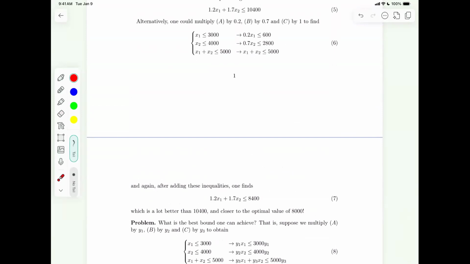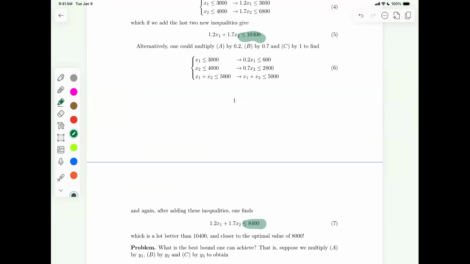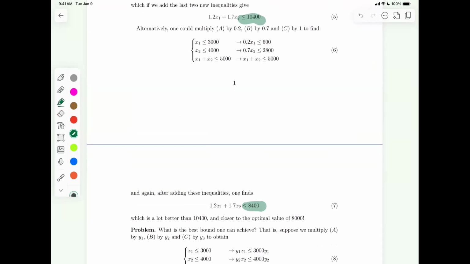The point is, again, maybe I should put this in colors. This is not too clever, right? So when you use the inequalities in not such a clever way, you got this number. When you use the inequalities in a more clever way, you got 8,400, right?